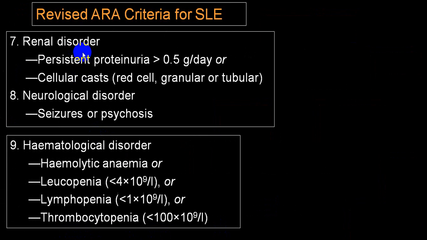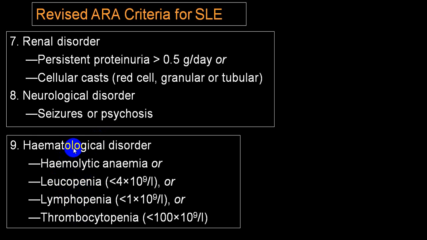Renal involvement is mainly glomerulonephritis, which can produce proteinuria, hematuria, and there may be casts in the urine, which can be RBC casts, granular casts, or tubular casts. As far as CNS involvement is concerned, it is very commonly because of vasculitis, which can produce seizures or even psychosis. In blood, hemolytic anemia, leukopenia, lymphopenia, and thrombocytopenia.